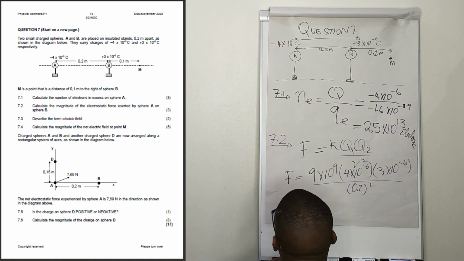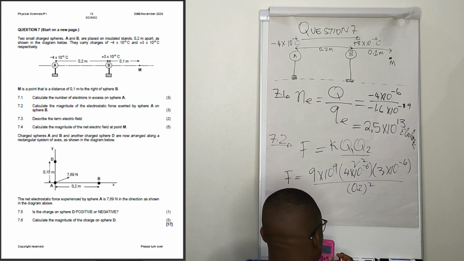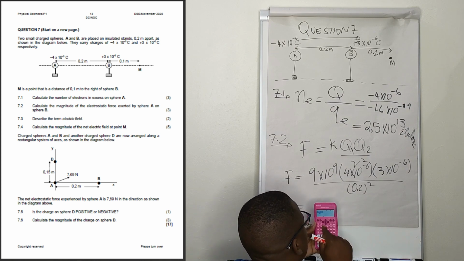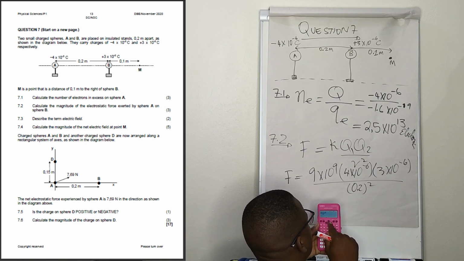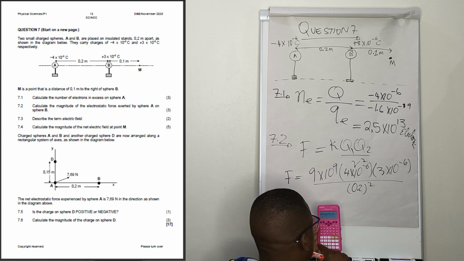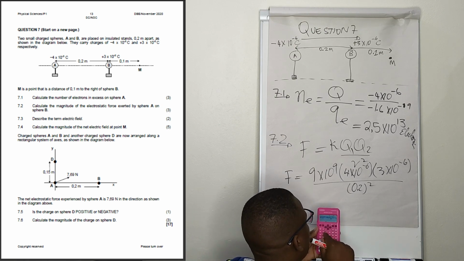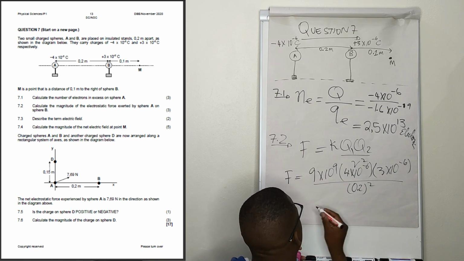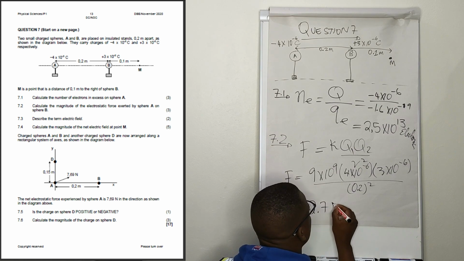Punch this on your calculator: 9 times 10 to the power 9 times 4 times 10 to the minus 6 times 3 times 10 to the minus 6, all divided by 0.2 all squared. So what do we have? Our force is 2.7 newtons.